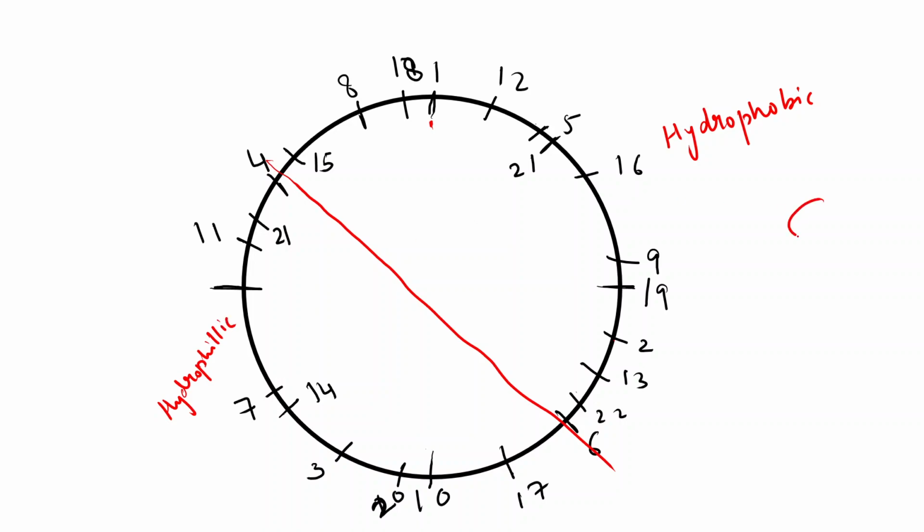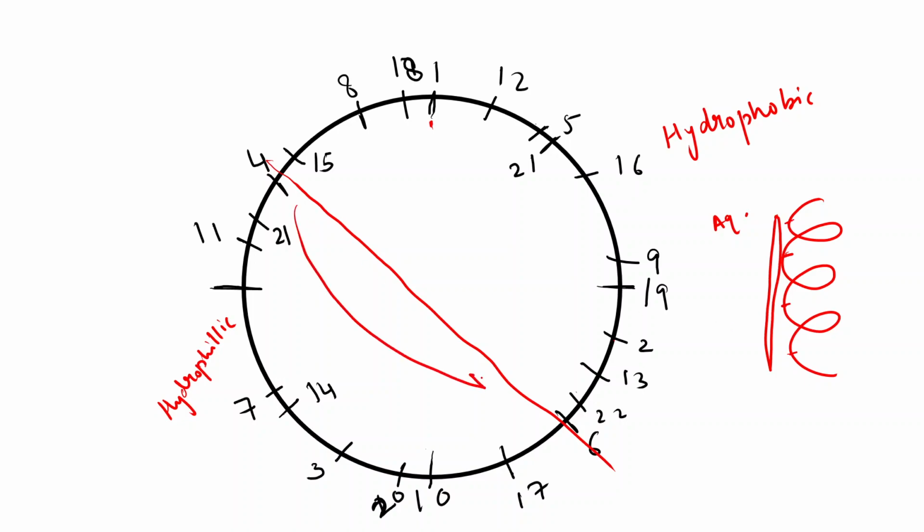That means if I have an alpha helix and this is the aqueous environment, the amino acids lying on this region are basically these residues, and the amino acids lying on this region are basically these residues.